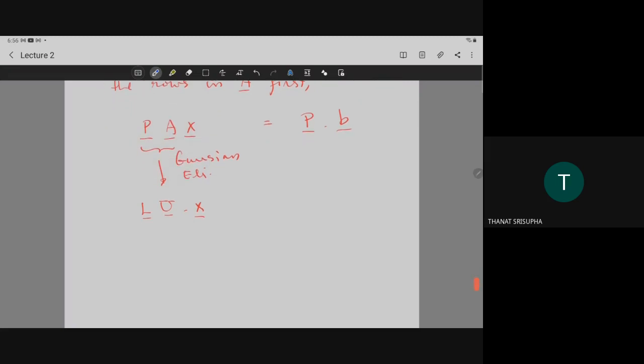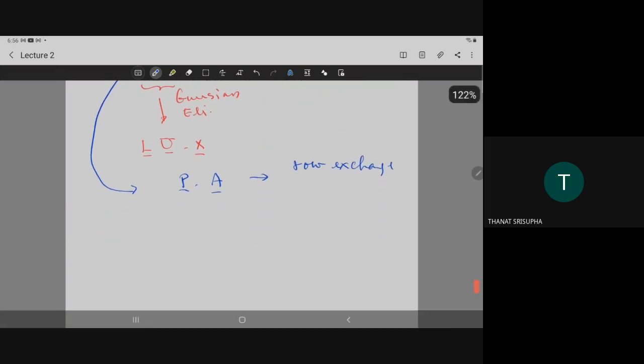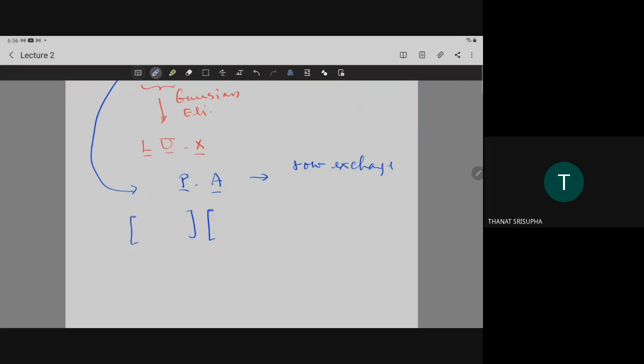Then we can proceed with the same process. And here, this P multiplied with A is the row exchange of A. For example, let's say earlier you have A equal to 2, minus 4, 6, and then 3, 9, 0, and 2, minus 5, 5, right?